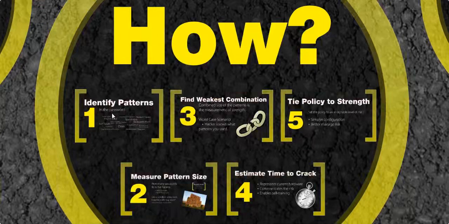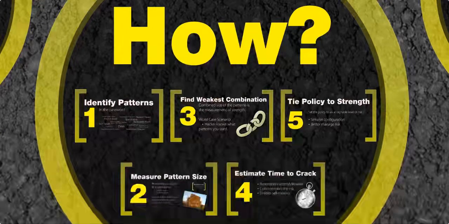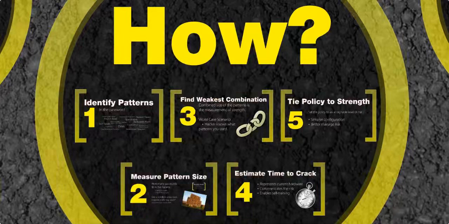Really, the combination of the pattern sizes is the real measure of the password strength, but this estimated time to crack is more for the layperson, because when you start talking about a quintillion passwords, they don't have a good intuitive feel for how large that is.